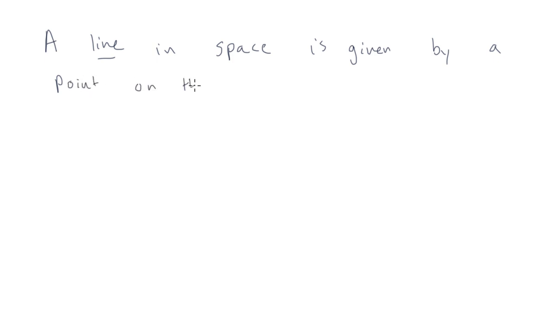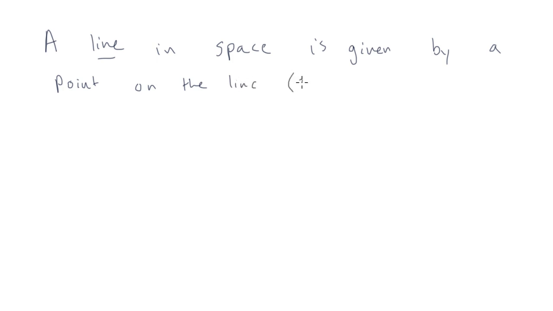So a line in space, so I'm thinking like R3, is given by a point on the line.